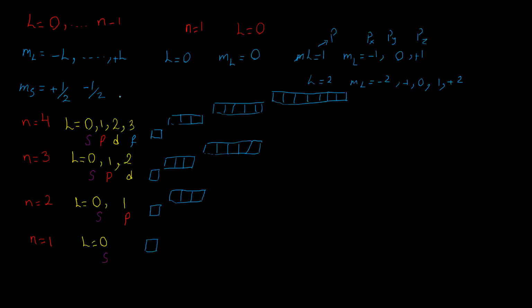So as a result, if we have 2 electrons spinning in opposite directions, one spinning in this direction, one spinning in the opposite direction.